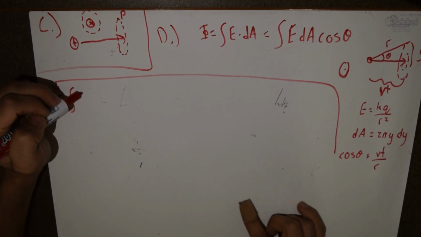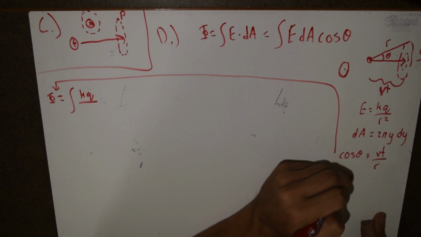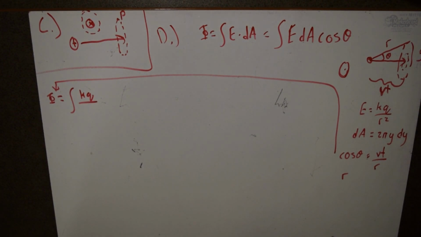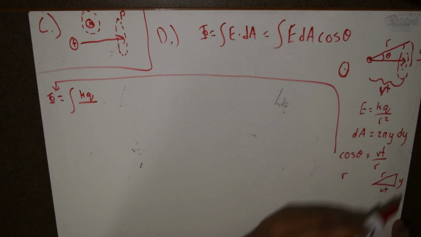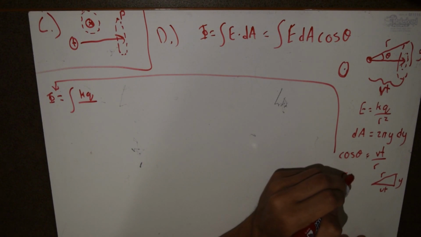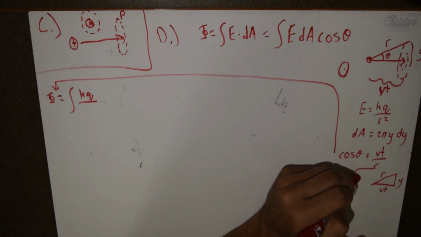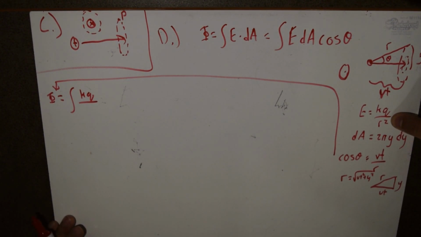So E being kq over r squared, so r is going to be, if we look at the right triangle here of vt, y, and r, simply the magnitude of vt squared plus the magnitude of y squared and the square root of all that. So r equals the square root of vt squared plus y squared. And we can rewrite that here in the electric field.